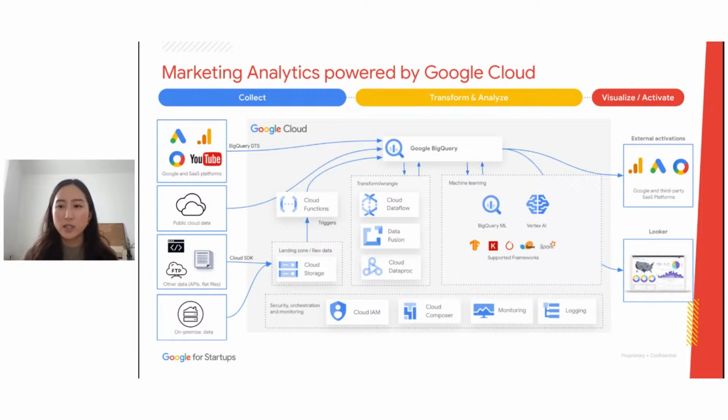And our differentiated data platform is backed by other horizontal services like Cloud IAM to help with authorization, monitoring, and logging so you can monitor your marketing data pipelines and so forth. From there, we also provide multiple different ways to act on your data based on your needs. For instance, you can take your differentiated segments back into a channel of your choice, such as Google Analytics or Salesforce.